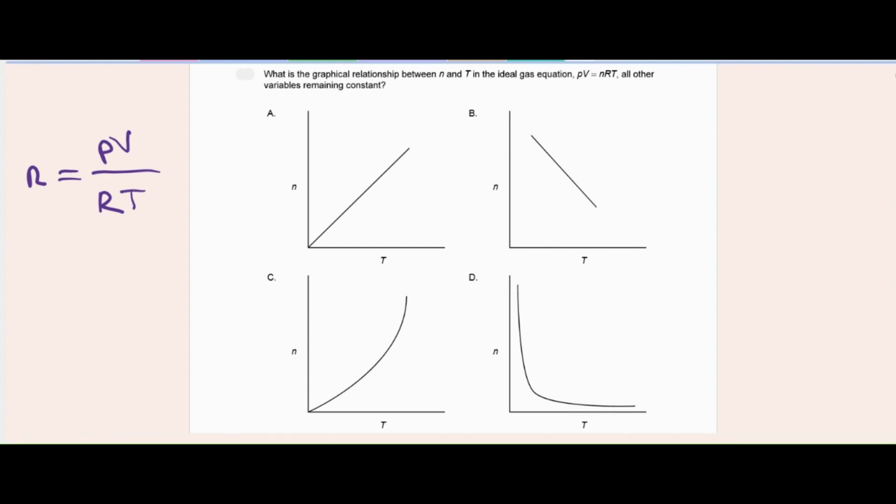So as T increases, n must decrease. So then A and C can be eliminated because we've got an increase there and we're looking for a decrease. The answer will be D. What B represents is 1 over T.